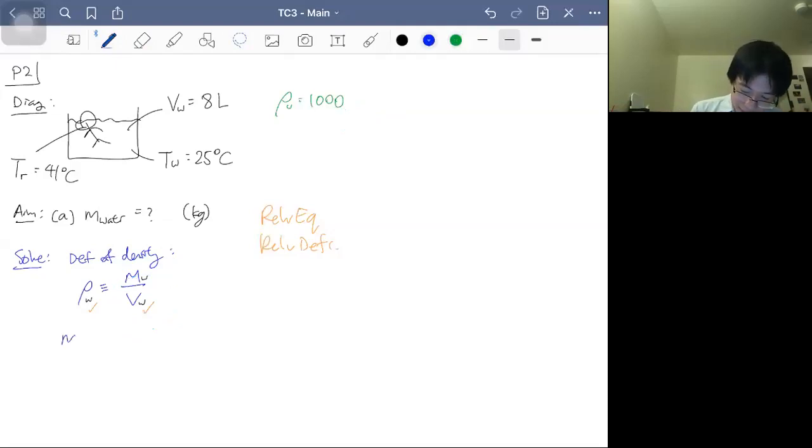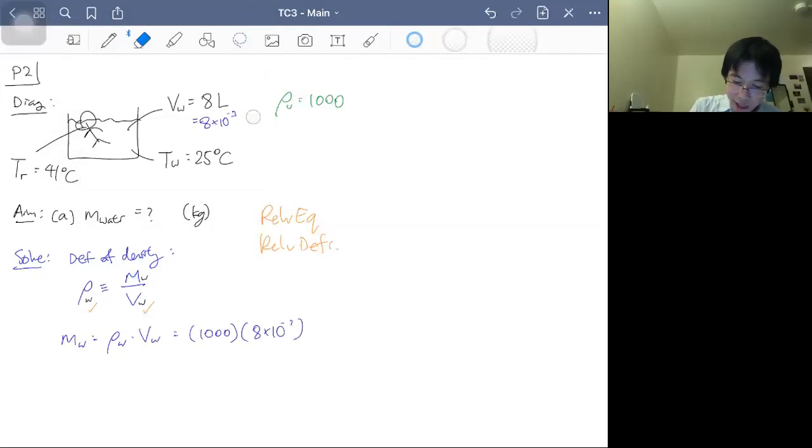My aim is to find the mass of water. So that's density of water times volume of water. Density of water is 1,000 in my natural units, and volume is 8 times 10 to the minus 3. If it's in SI units, I just don't write them all together.